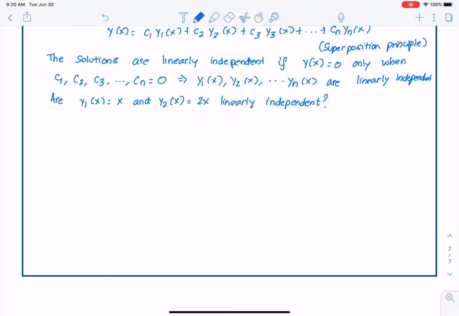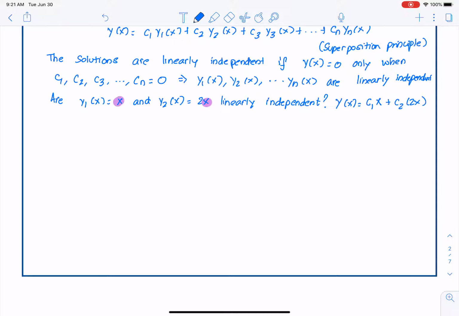Are they linearly independent? Well, just by looking at it, they're not, because you've got x here and x there also, and they are dependent. But how do we make a case for it? Well, y of x, according to the superposition principle, would be c1 x, the first solution, plus c2 times 2x.